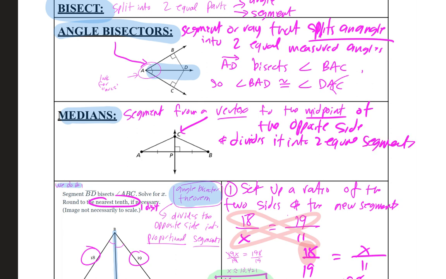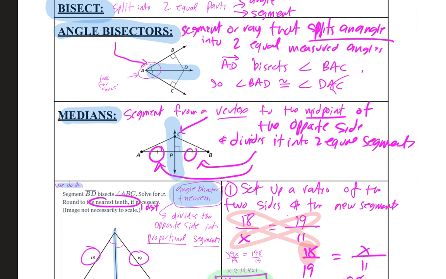If we see this right over here, this tells us that those are equal. Those are equal segments, and this will be our segment. That's our median. We talked about an angle bisector as something that splits an angle, so this splits this angle into two, and a median is a segment that splits a segment into two sides.